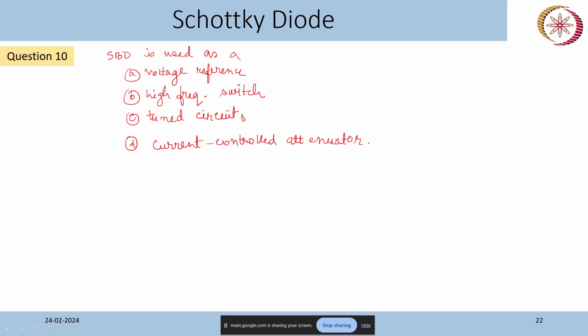Okay. So the Schottky barrier diodes, as I mentioned, are metal semiconductor junctions.